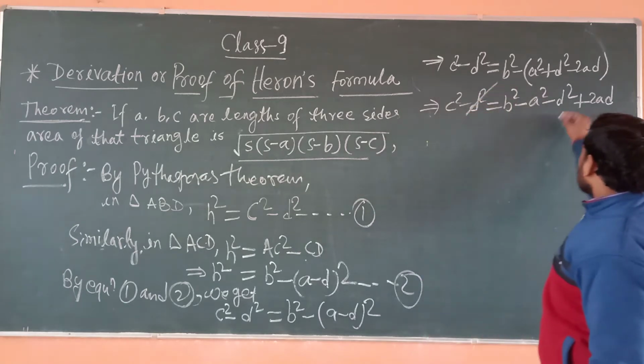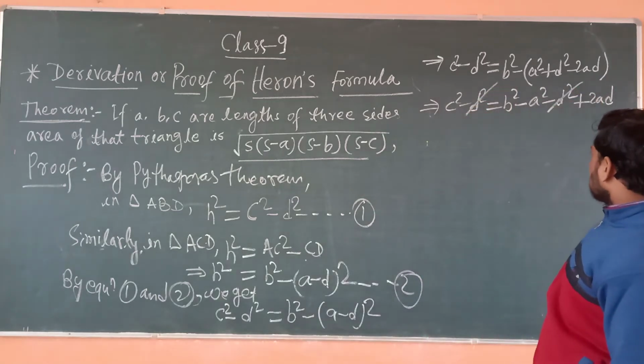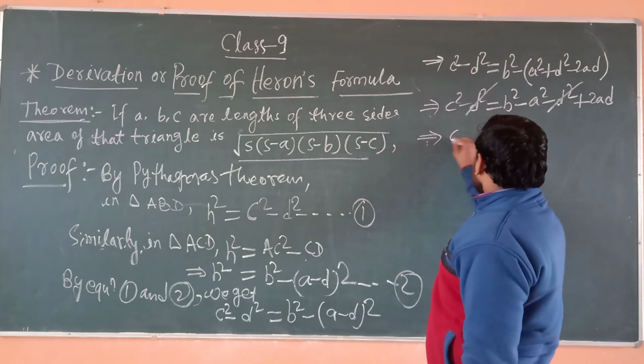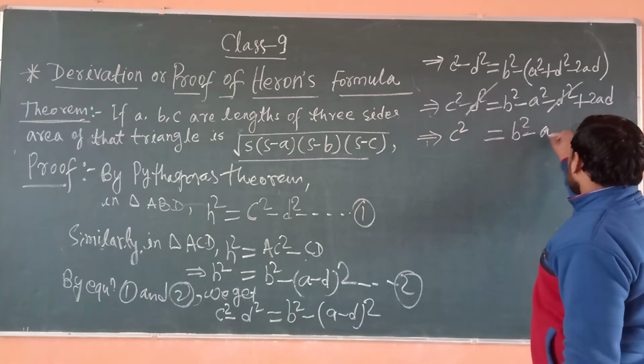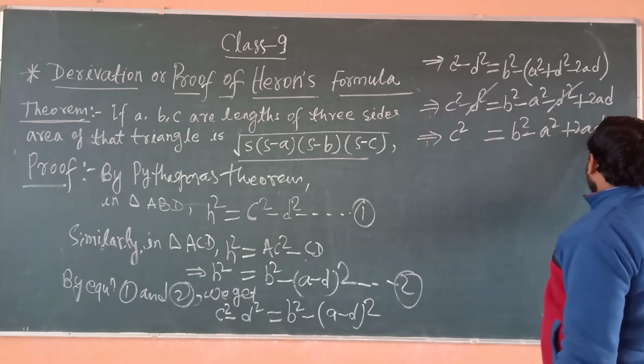Then minus d square and minus d square will be cancelled, and c square is equal to b square minus a square plus 2ad.